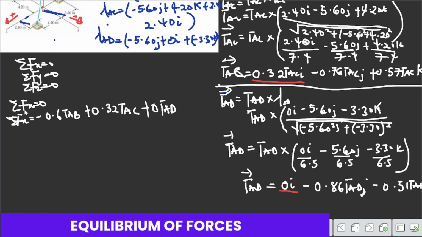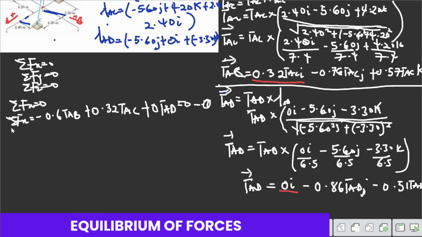So we said that the sum of the force at x will be equal to 0. So if this Fx is equal to the whole of this, that means this is equal to 0. So we can make it equal to 0. So equation 1 here.